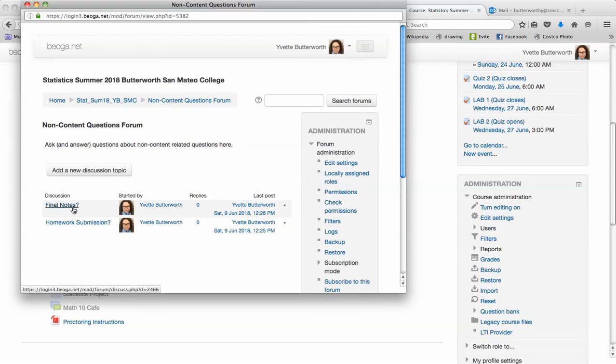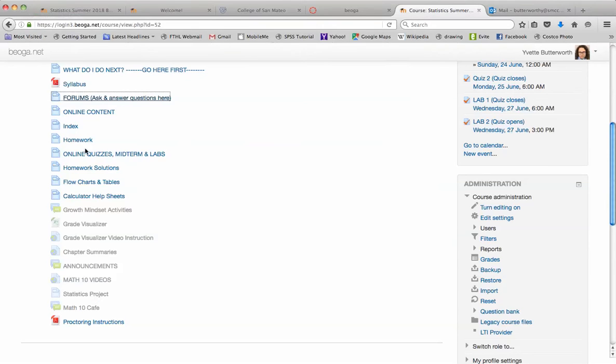And then people ask me about final notes as it gets closer to the time, and they ask all over the place, but this is really the place you should go to get general questions answered. This is where I've placed the answer about the final notes, and I'll show you where those actually are. Then I can close this, and I'll still be right here at the original ones.